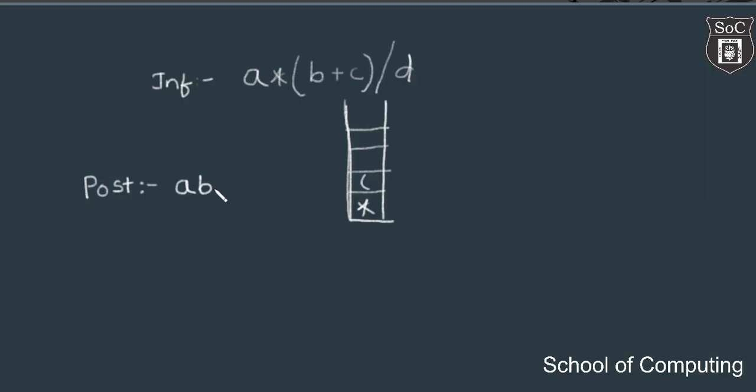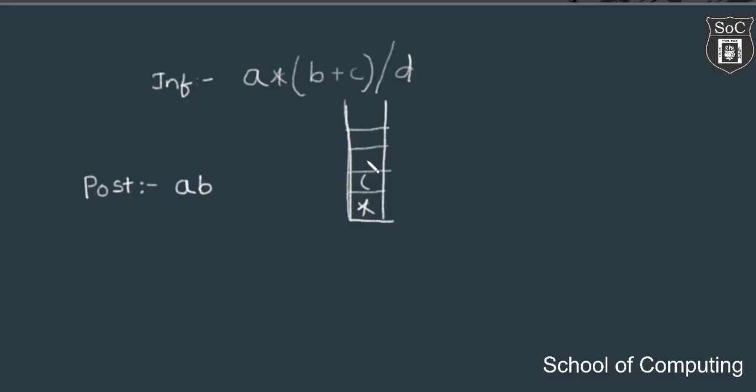Then comes the plus. Now please observe, as per our infix to postfix rule, plus has less precedence than star, so plus is not allowed to sit on top of star. But please note that the rule applies to the top of the stack. If plus is directly coming and sitting on top of star, then it's not allowed.